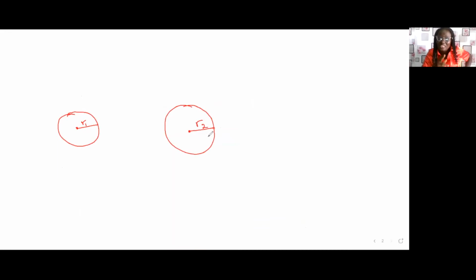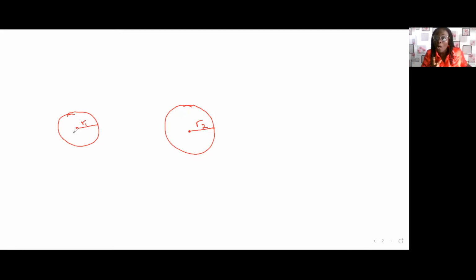Now, considering these two circles, which of them do you think will occupy a larger area? That is circle 2, the second circle, right? Why? Because it is bigger than the first one.